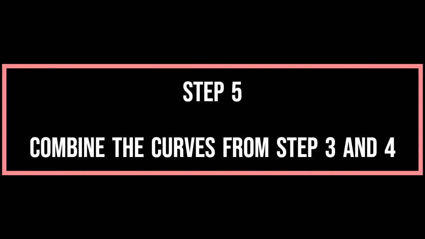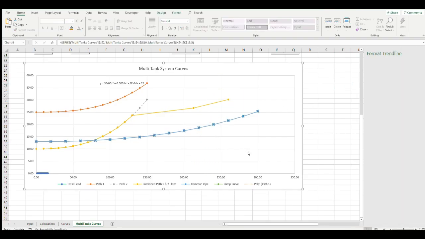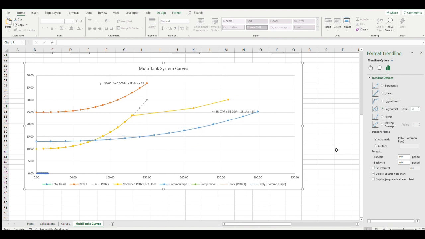Step 5. Combine the curves from steps 3 and 4 in series to develop a system characteristic curve. To adjust the common pipe flow and corresponding head, we will need to again use the trendline in order to obtain the formula.